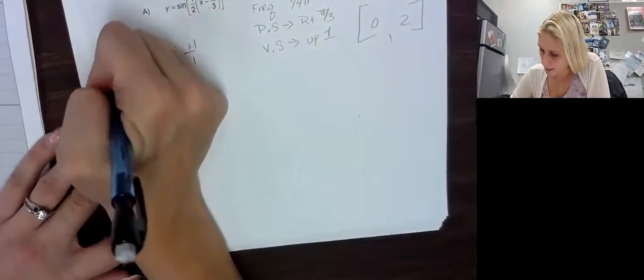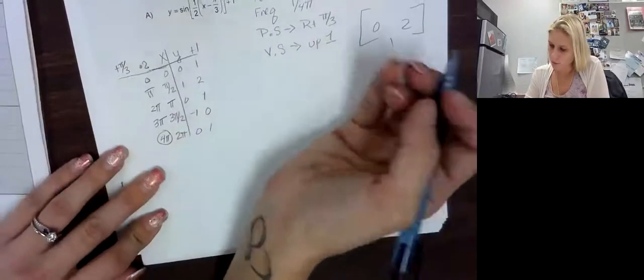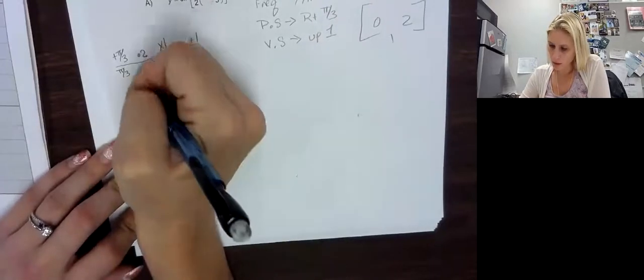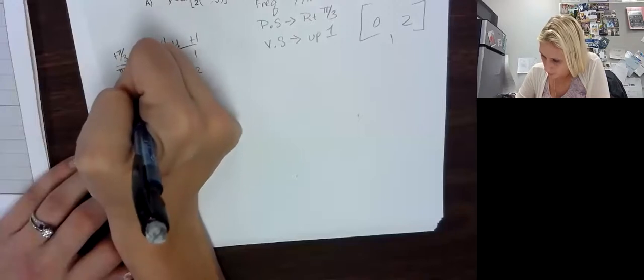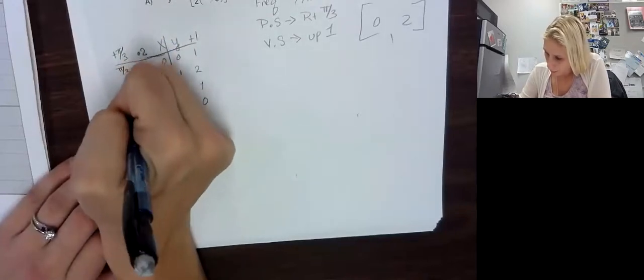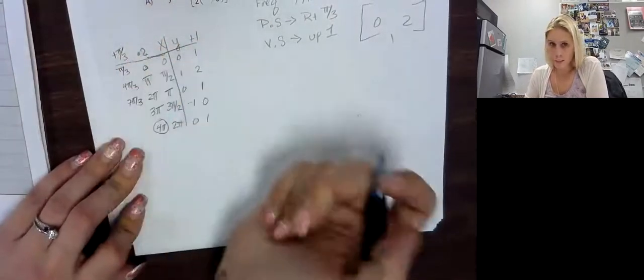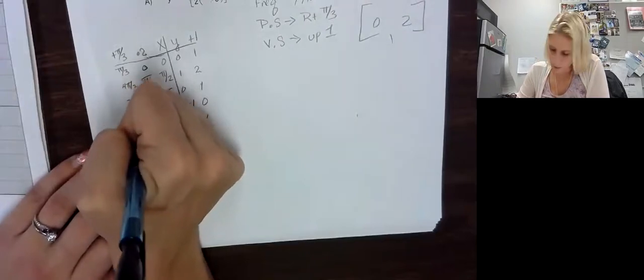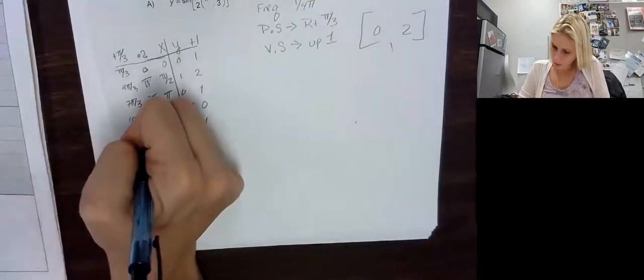Okay, so now we do the opposite. So we're going to add pi thirds to each of our values. So we get pi over 3, 4 pi over 3, 7 pi over 3. You guys see the pattern already? We're going to add 3 to the pi's here. So that would be 10 pi over 3, and 13 pi over 3.